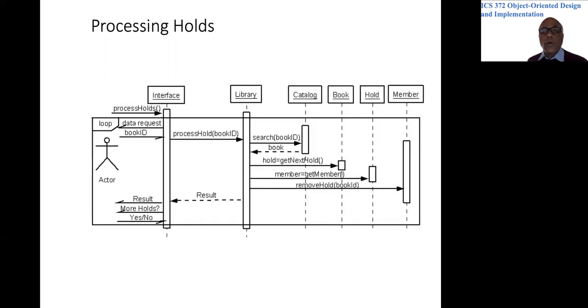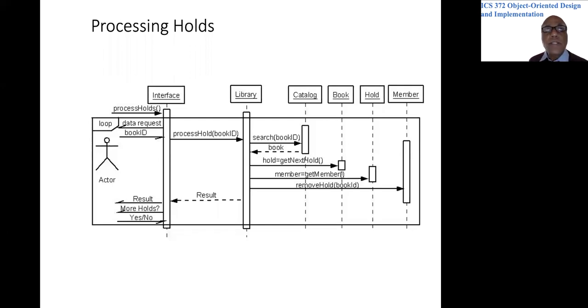Processing holds, this occurs possibly after the regular hours. And what do we do here? We are having a stack of books that have been returned that day, and the system thinks there is a hold on each one of them.